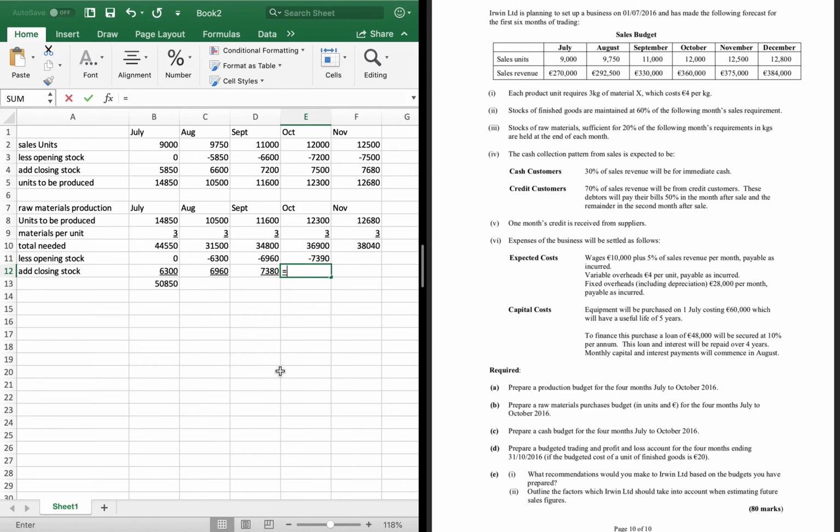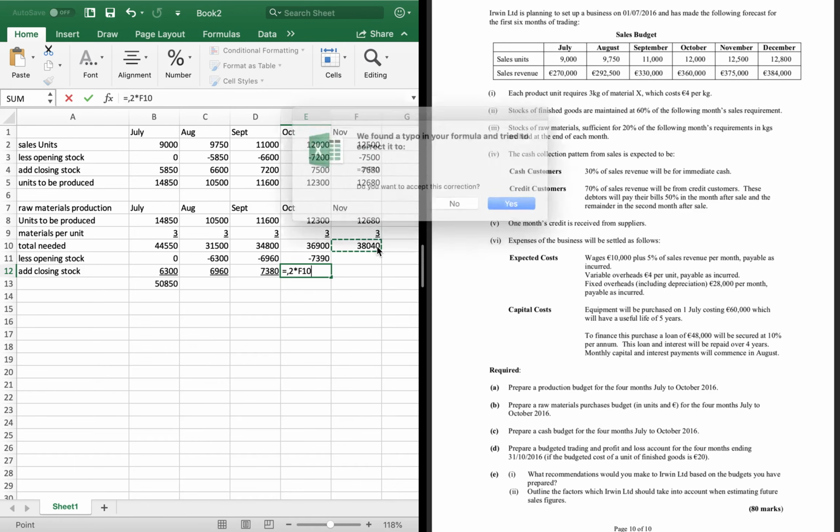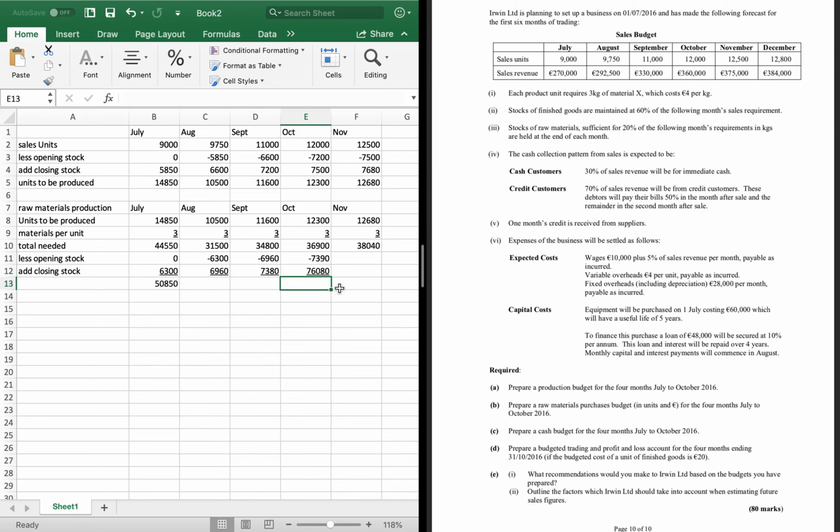And then for October, it's 20% of November's 38,040, which should be 7,608. Okay, so again, it's total needed minus opening stock plus closing stock.